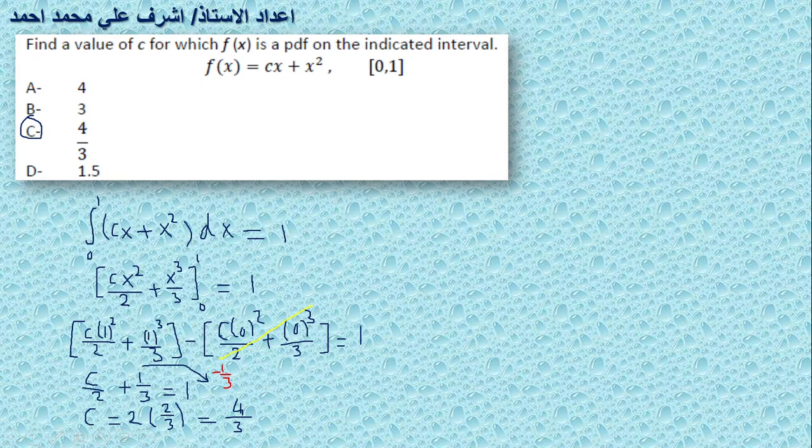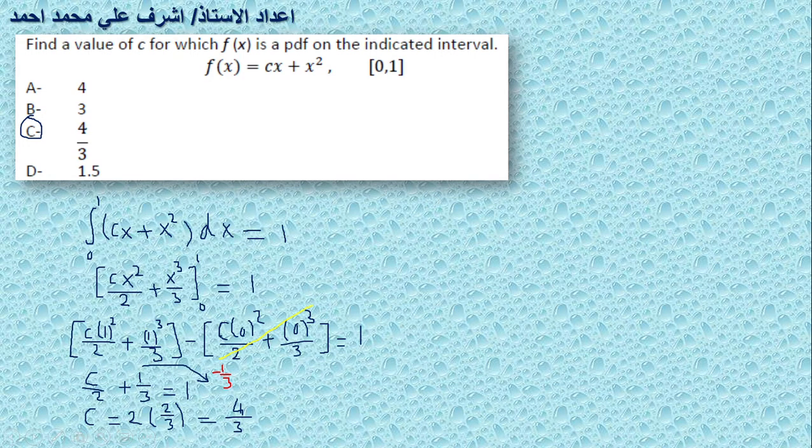We will use the power rule. We'll increase the power by 1 and divide by it, plus we will increase the power by 1 and divide by it, equals 1, from 0 to 1. Now we will substitute the upper limit and minus the lower limit.